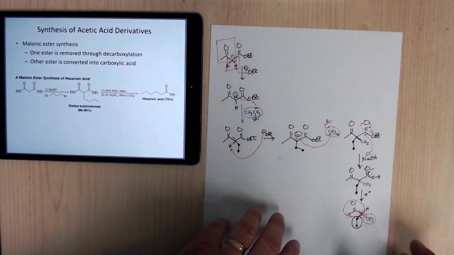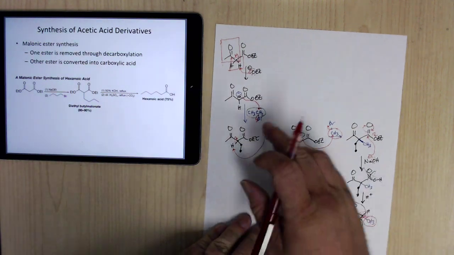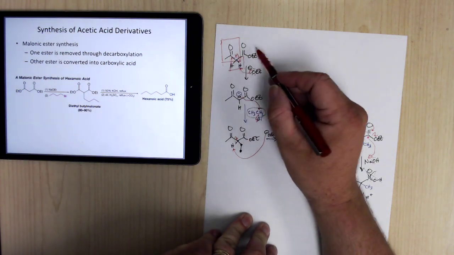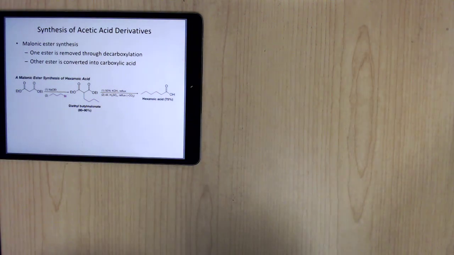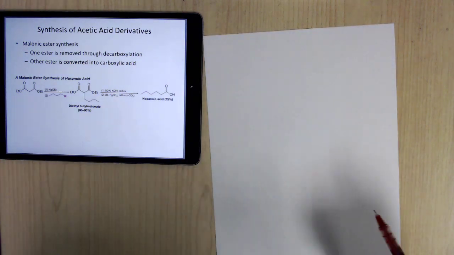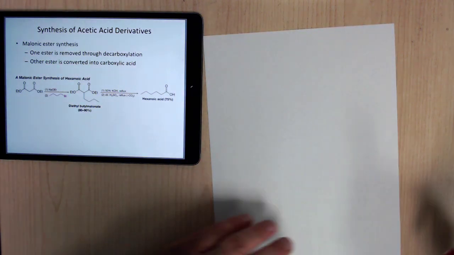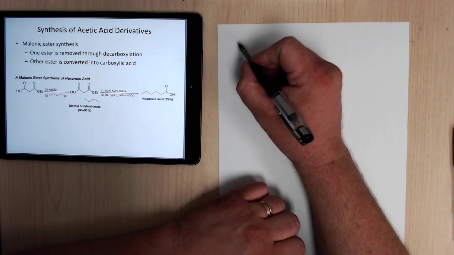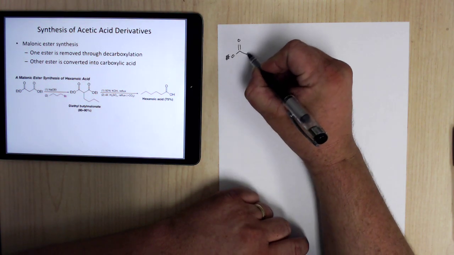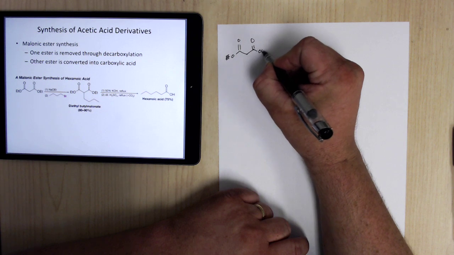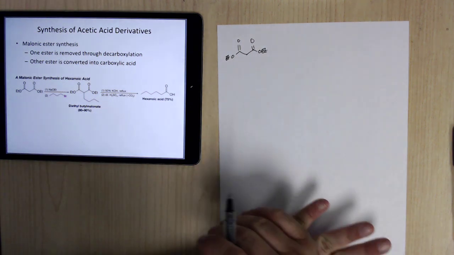Now the other thing that you can do, instead of using a ketone on one side and an ester on the other, is use what's called malonate, which is a diester. Diethyl malonate is pretty darn cheap. But it works exactly the same way as all the other reactions in this chapter.